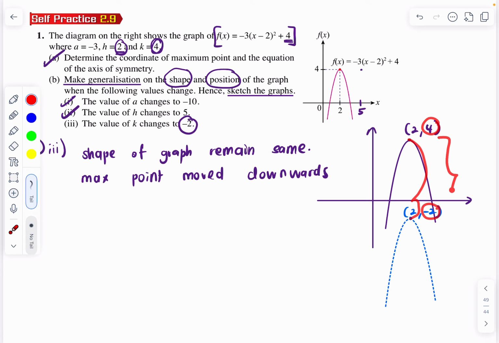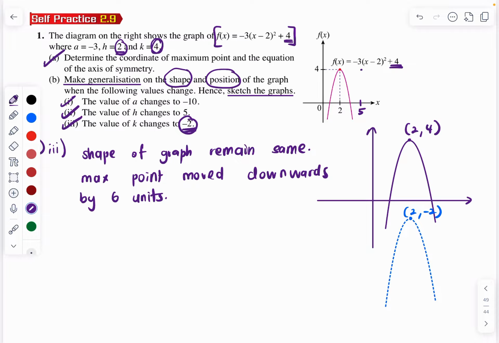So total is 6 units. So we can say the max point moved downwards by 6 units when k changes from 4 to -2. That's it. This is how to draw your graph. Done.